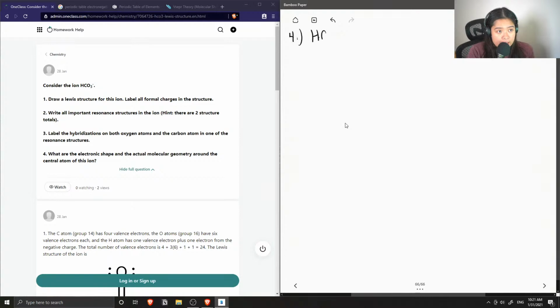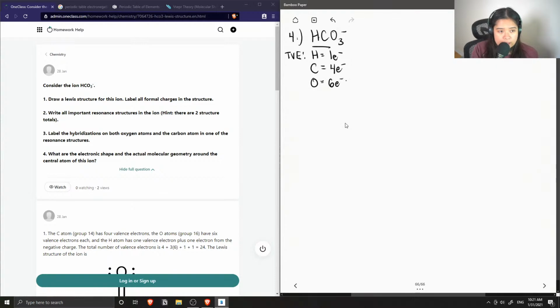Okay, so this question has multiple steps. So first we just need to write out the Lewis structure. So this will help us answer all of the questions. So we need to calculate the total number of valence electrons for this ion. Hydrogen has 1 valence electron, carbon has 4, and oxygen has 6.